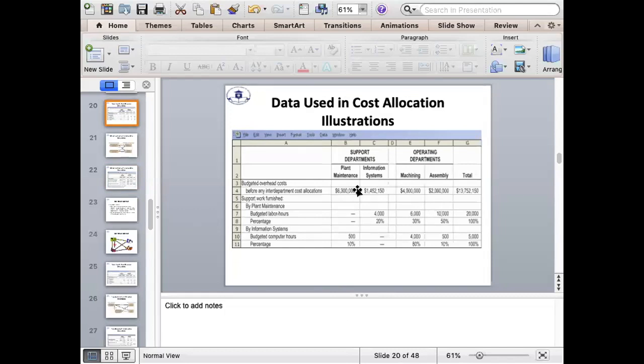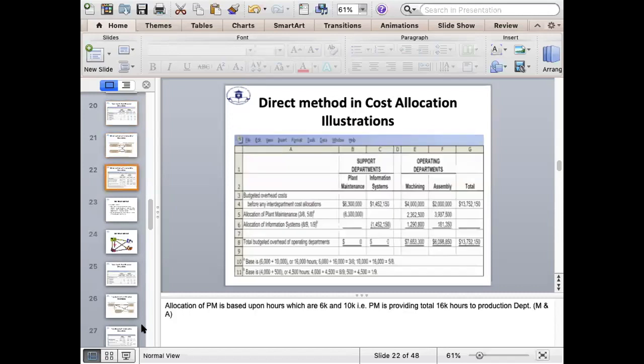So what does it mean? In simple words, plant maintenance providing total 16,000 hours to operating department. In this 16,000, of course, 6 here, 10 here. So we can calculate the ratios or percentage that help us to allocate this number here and here.